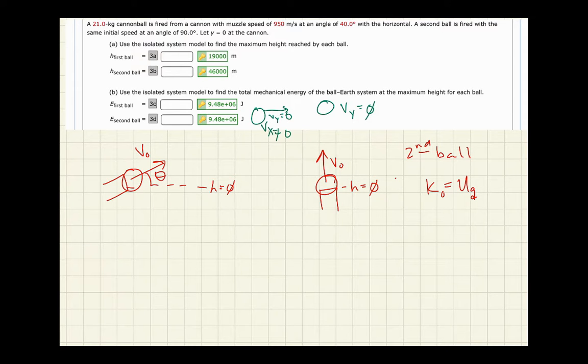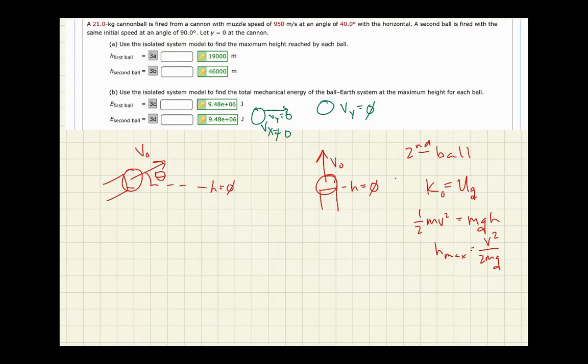So we have 1/2 mv squared equals mgh, and h max is equal to v squared over 2g. So that's pretty easy. For the one that's fired at an angle, it's a little bit different because the ball will still be moving at its highest point.